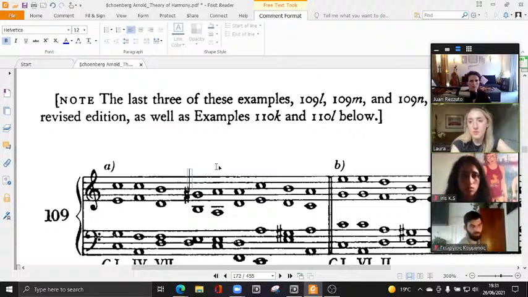Now we're going to see. Then what do you have? Then we have 5, but with the 7. So we have a 5, 7 in root position. And then we have a 1 in root position. So that's a strong cadence, the 5, 7, 1.